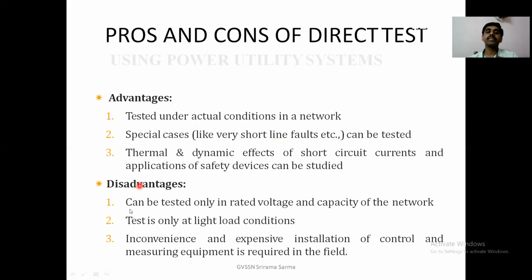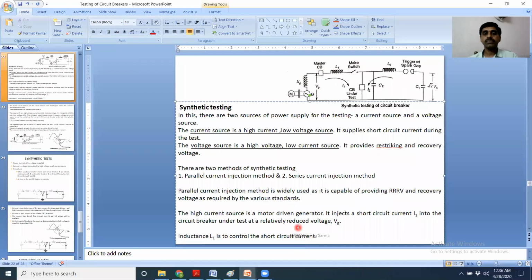What are the disadvantages? It can be tested only at the rated voltage and capacity of the network. The test is only at light load conditions. Inconvenient and expensive installation of control and measuring equipment is required in the field. So these are the disadvantages.